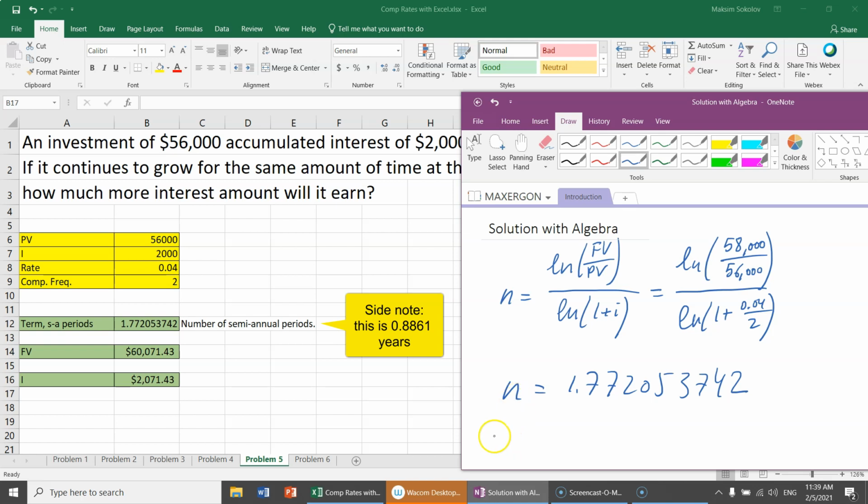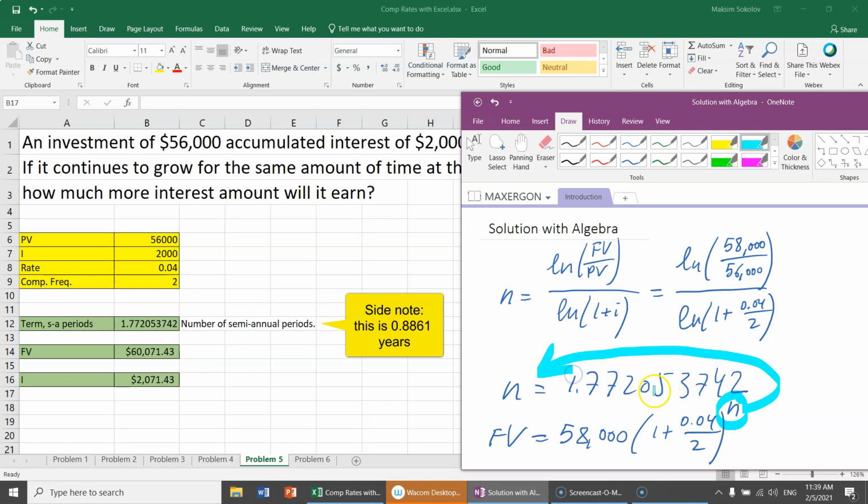Now we'll use this n to find future value. Future value will be the present value, which is going to be the updated present value, 58,000. The rate is the same, so it's 4% divided by 2, because the rate is compounded semi-annually. And then we'll use the number of periods that we already found. So this n here is this n that we found.